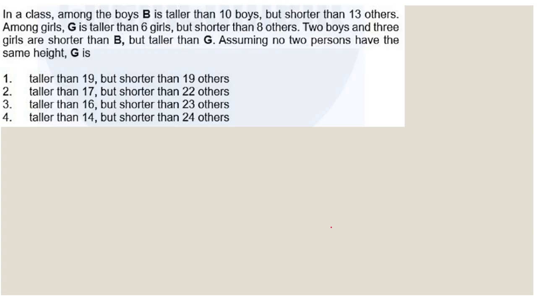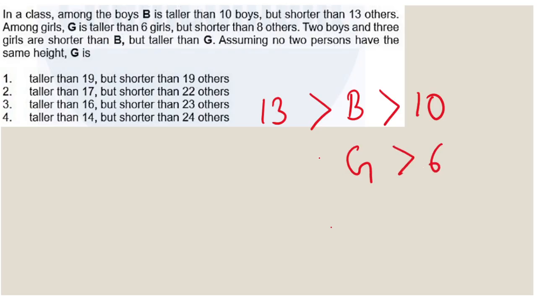Okay, so first we will write out the conditions given to us. Start from the first line. Among the boys, B is taller than 10 boys but shorter than 13. Among the girls, G is taller than 6 girls but shorter than 8.